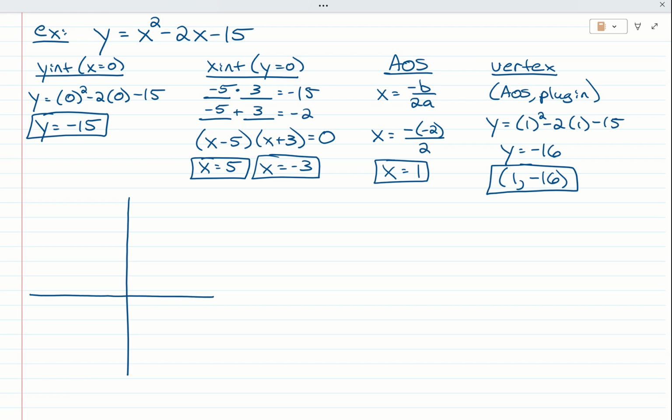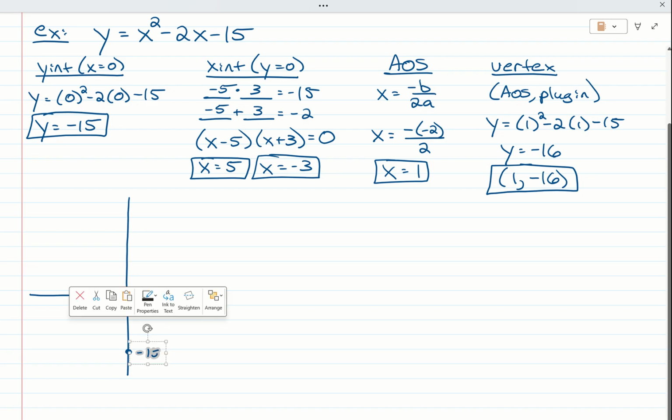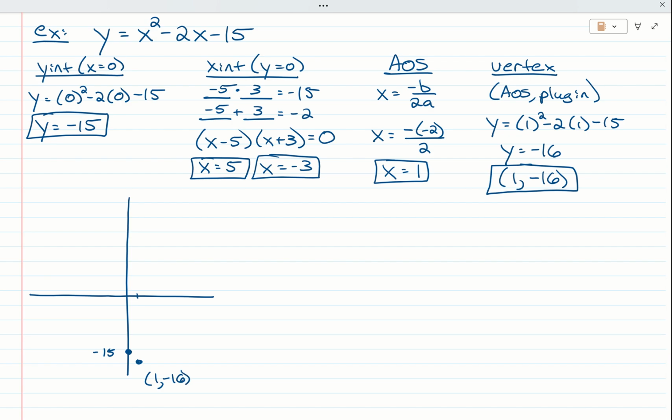The y-intercept is negative 15. The vertex would be 1, negative 16. The x-intercepts would be 5 and negative 3. The axis of symmetry is 1.